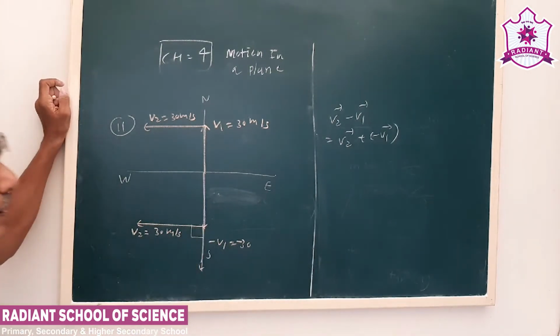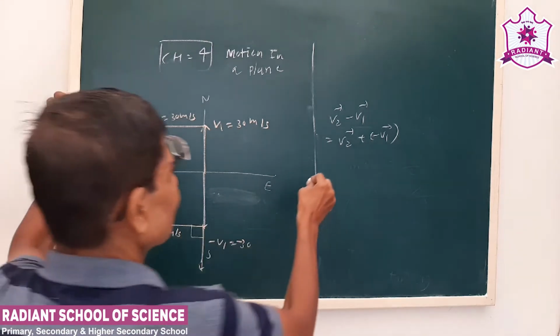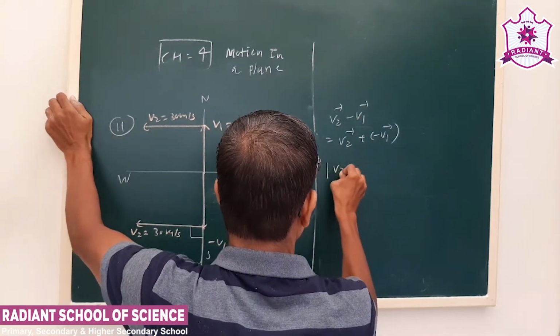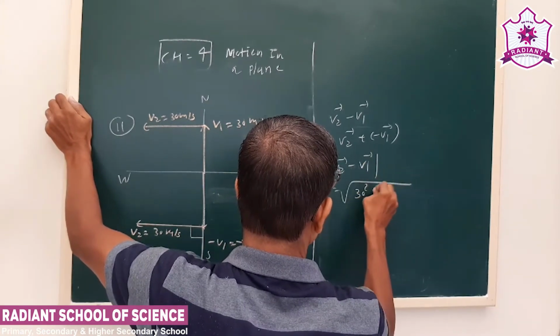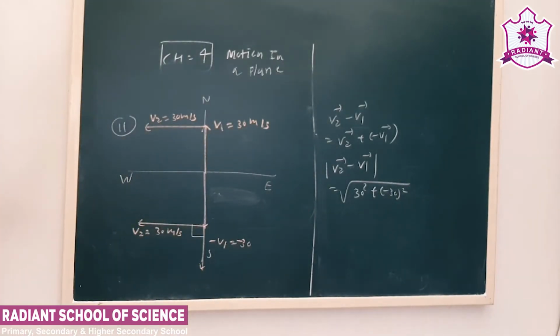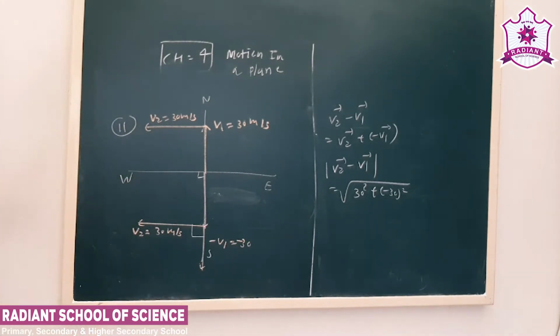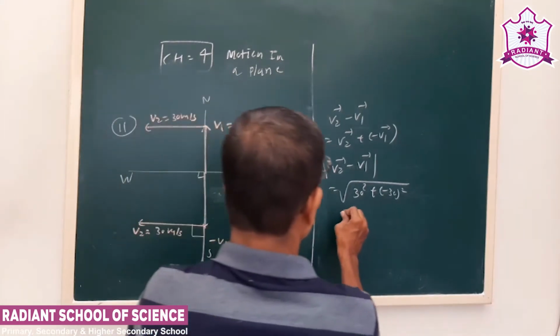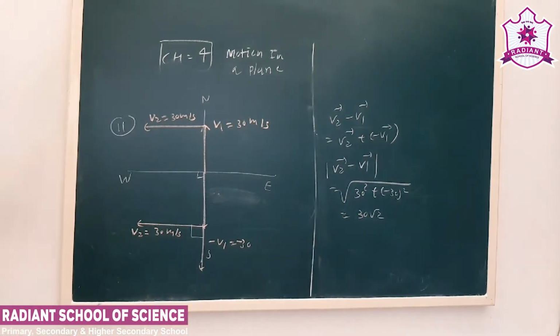Again, what will be the angle between them? 90 degree. So the magnitude of the resultant velocity, you can use the formula a square plus b square plus 2ab cos theta, but they are at right angle, so cos 90 is 0. So it will be 30 root 2. Now what about the direction?